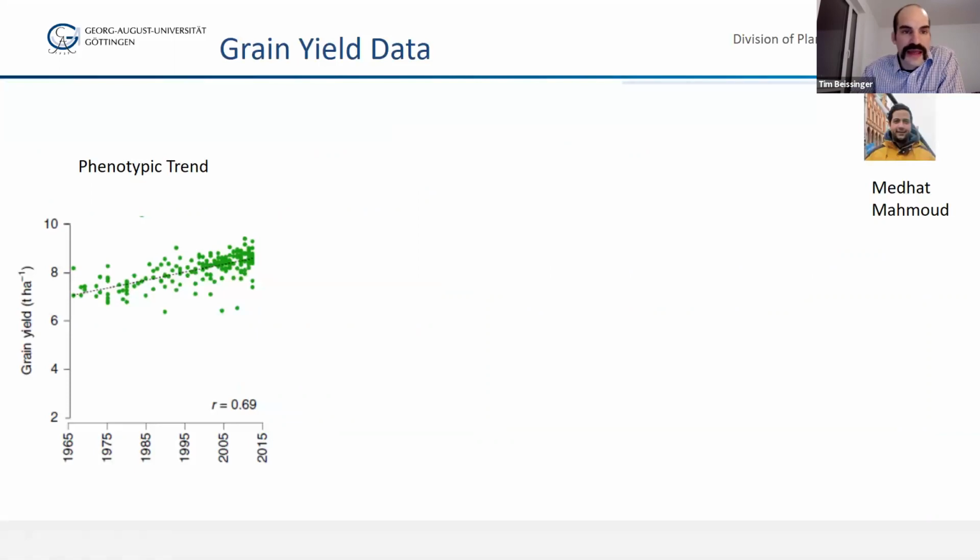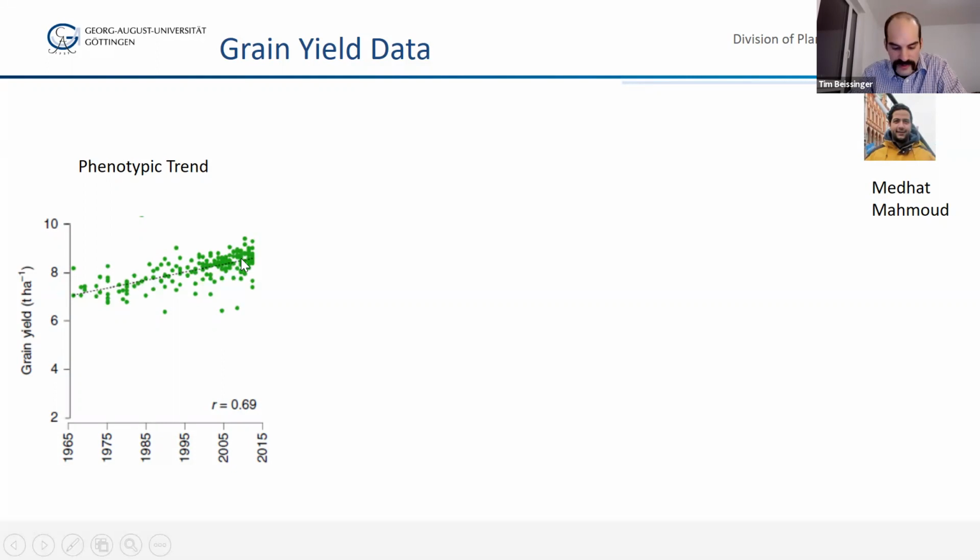So first, let's look at grain yield. This is a plot from this research that I'm about to share, which was mostly done by Medhat Mahmood, who's a postdoc in my group. The phenotypic trend for grain yield in this population of several hundred wheat varieties grown across Europe over 50 years was for grain yield to increase steadily over time.